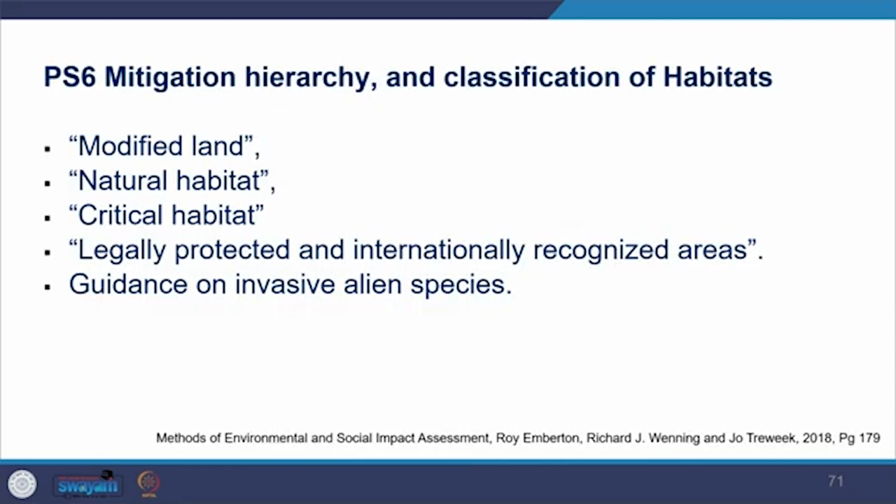And if you look at PS6, that particularly targets protecting biodiversity, maintaining the benefits of ecosystem services, and these things are given here. You can also look at the certain classification which PS6 introduces, like habitat classification: modified land, natural habitat, critical habitat, legally protected and internationally recognized areas.